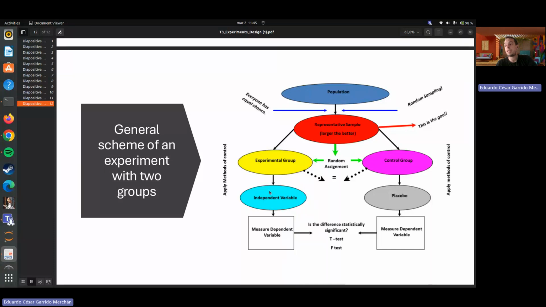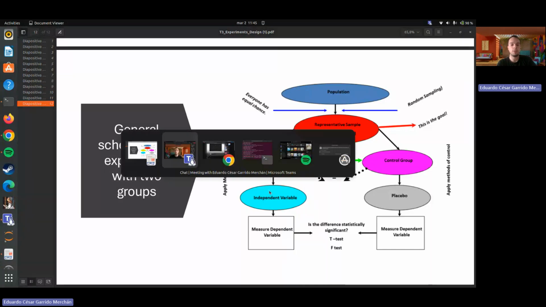If the null hypothesis, the opposite hypothesis to the one we are trying to validate, is really low compatible with the empirical data, we are going to falsify that hypothesis because it's not compatible, and we are going to accept the alternative hypothesis. And this is basically what we are going to see in topic 4.